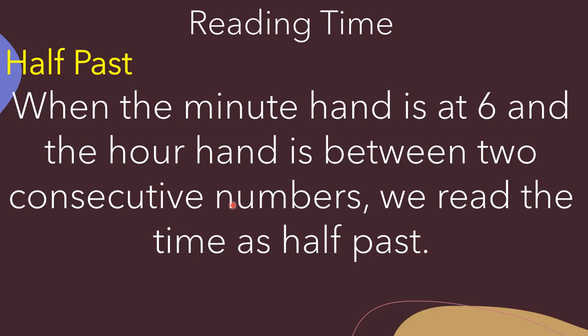Understood? So when the minute hand is at 6 and the hour hand is between two numbers, then we read the time as half past. So let's see how.